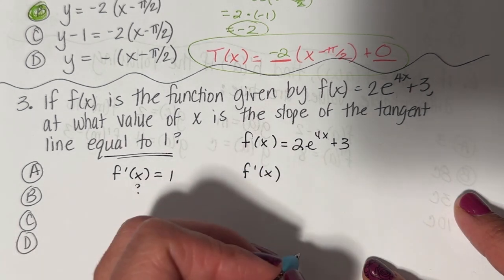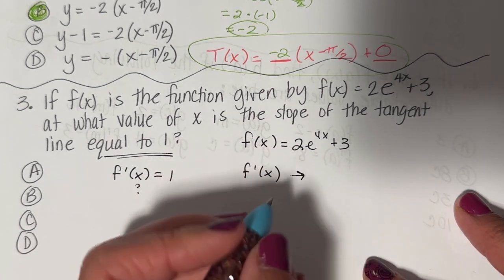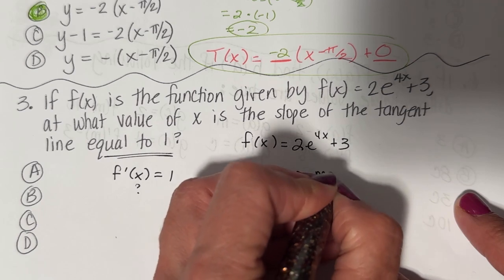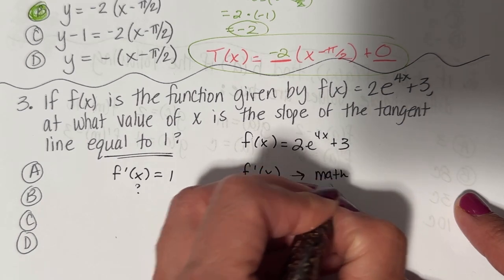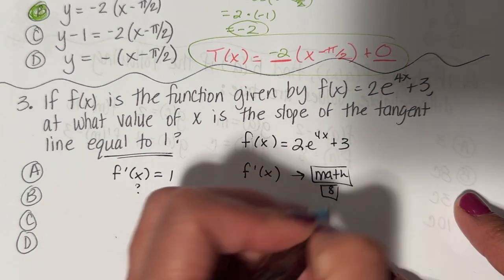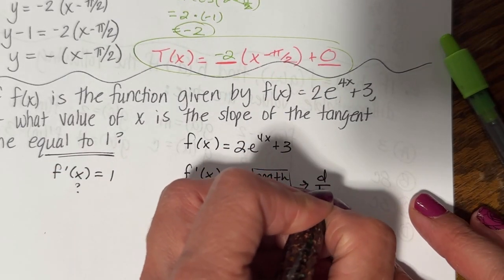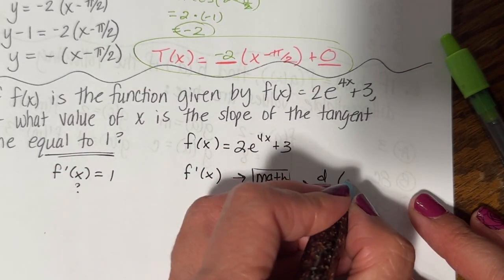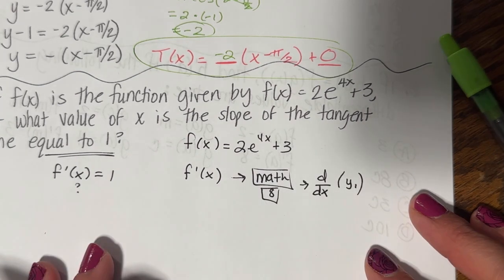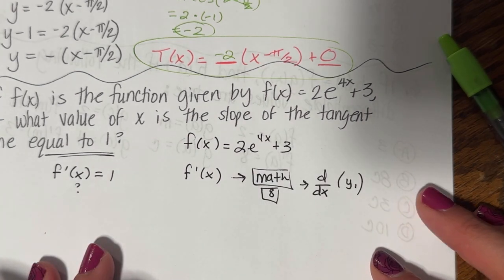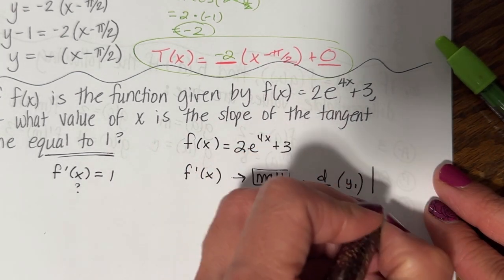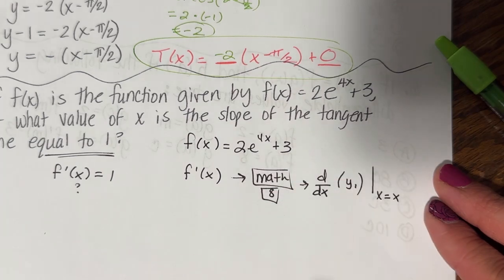So when you find this derivative in your calculator, you're going to hit Math 8, and then you're going to get d dx, and then you need to plug in your function, but you should have already typed it into the y1 because it's going to take the derivative for you at x equals x.